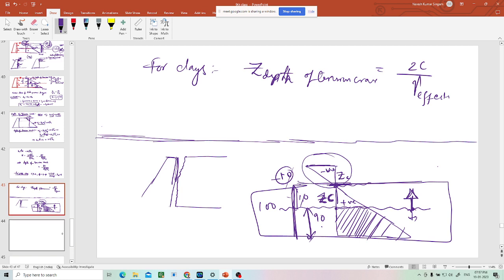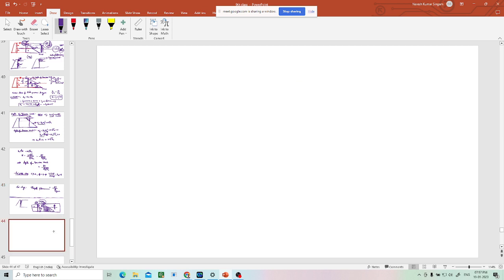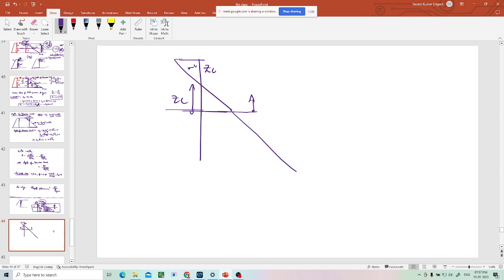Now the interesting point in this: above this depth, if this is ZC, the tension crack, and another ZC down, this is negative, this is positive, so the total effective force is 0.